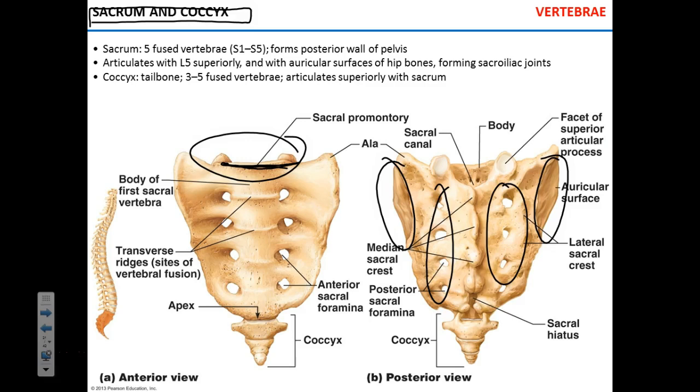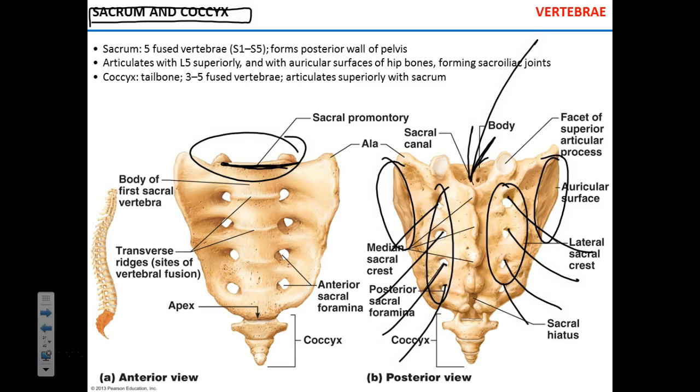In the sacral canal, if you looked at the entire body, you would find the tail-like structure of the spinal cord, which is called cauda equina. Cauda equina enters the sacral canal, and sacral nerves leave the sacral canal through the sacral foramina. Does that make sense? So you can see the sacral canal, that's where cauda equina enters, and those nerves leave through the foramina. Make sense?